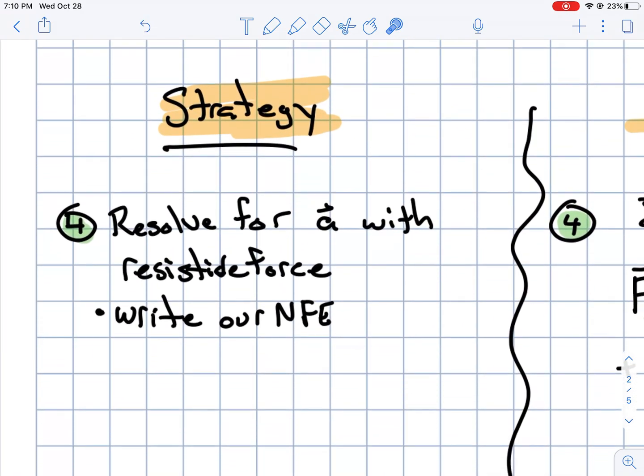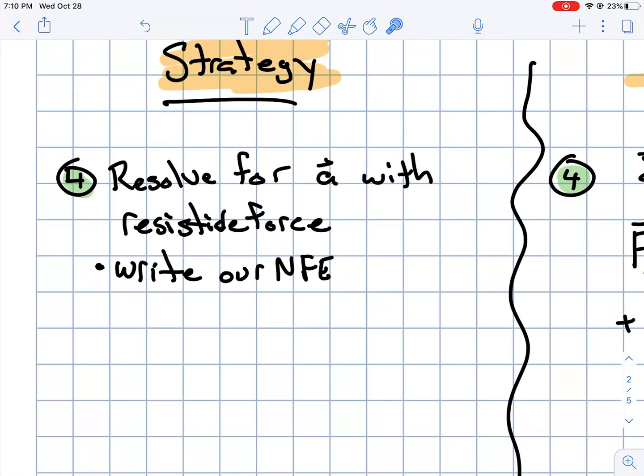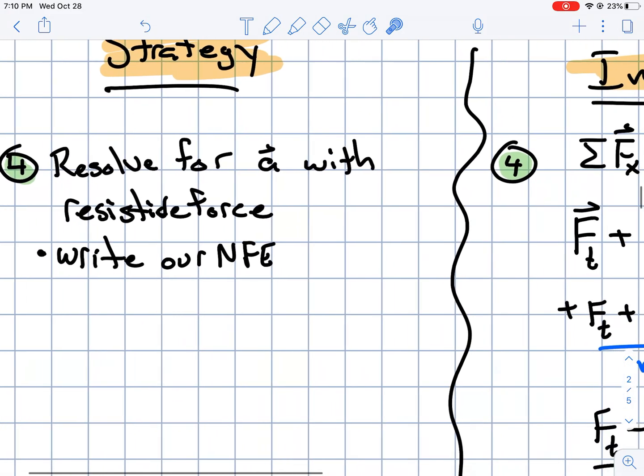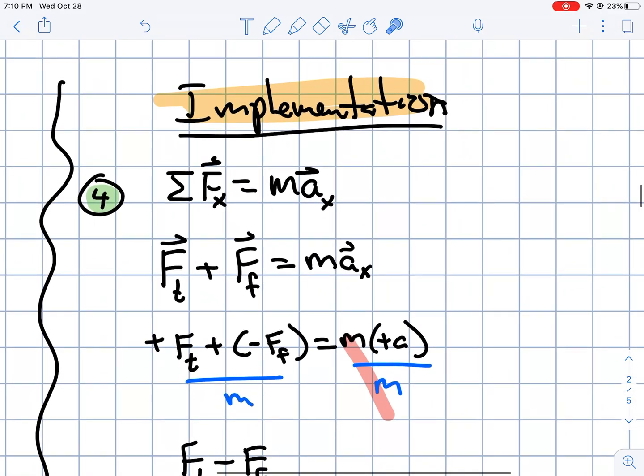So pretty much what I'm going to do here is resolve this thing for acceleration with this new resistive force involved. So that's going to mean I'm going to need to rewrite our net force equation. So here we're looking at the forces in the x direction again. Our two forces are the force of tension and the force of friction.